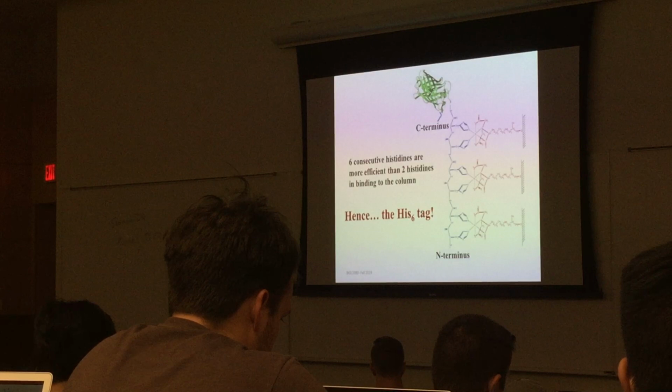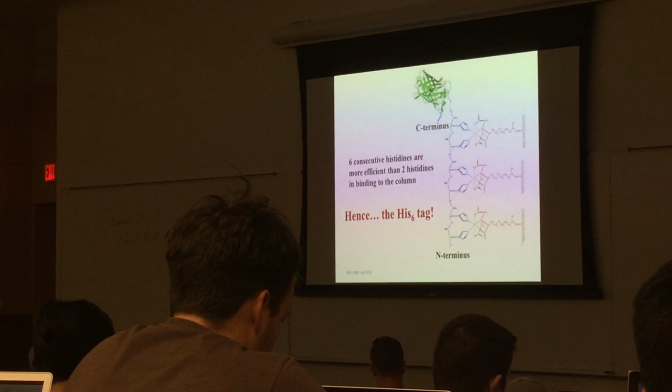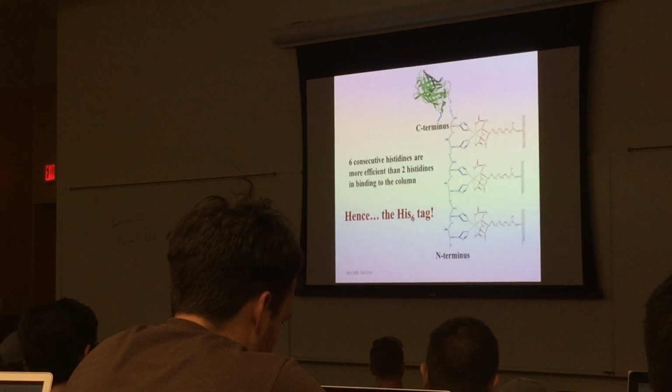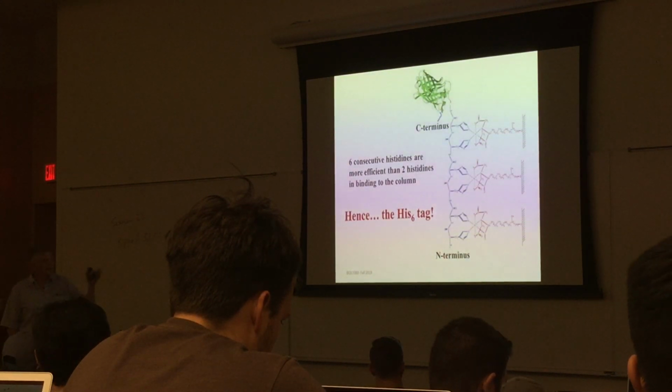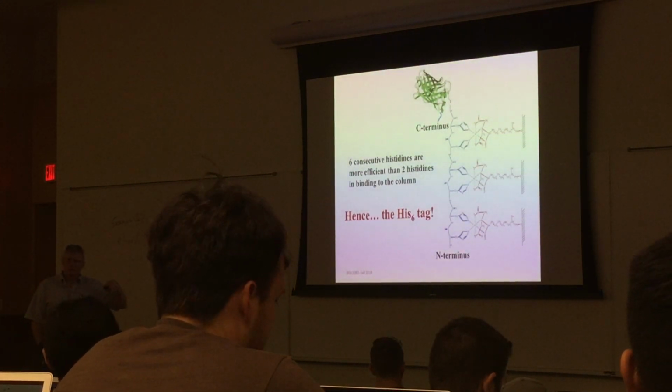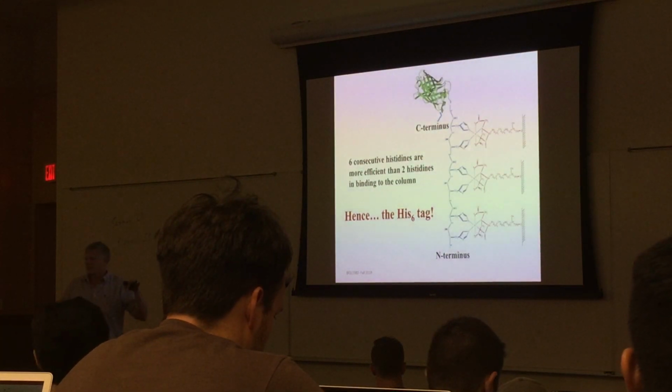I've seen people use a His8 tag before. It works also, but it's a little bit harder to get your protein of interest off the column. And so most people will just use a His6 tag. What you need to recognize also is that the His6 tag, in order for this to bind, we're thinking of the His6 tag in a primary sequence.